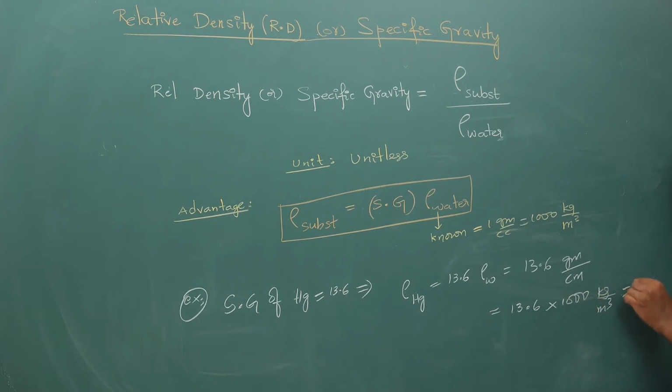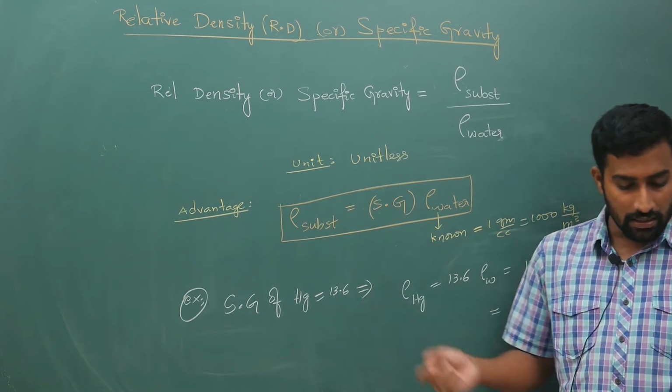So you are going to get 13,600 kg per meter cube. So this is your relative density.